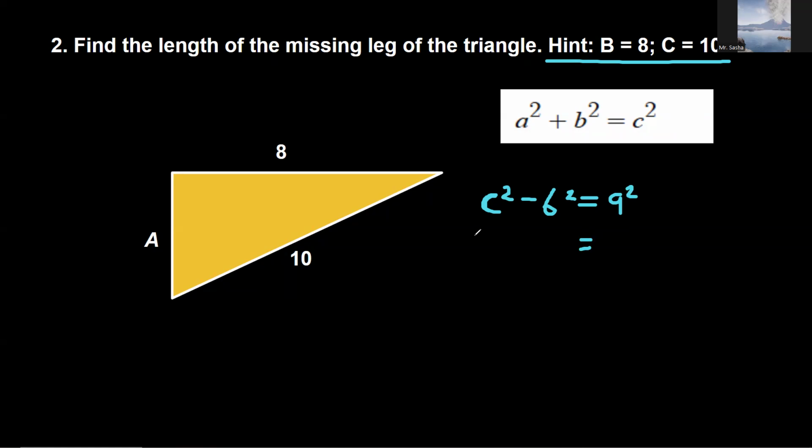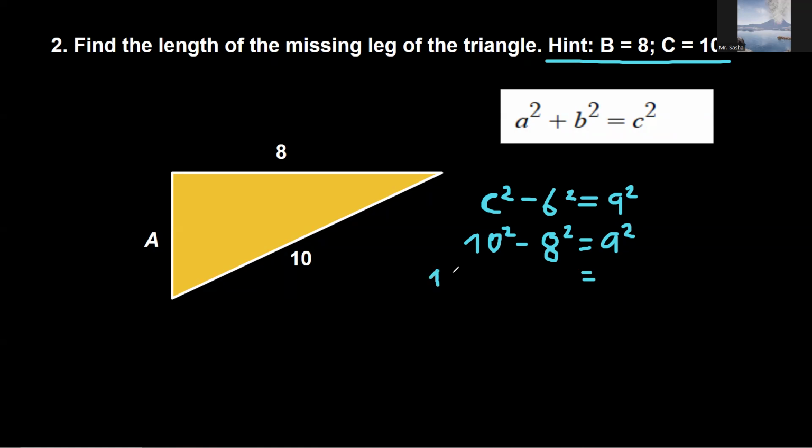Okay, now let's substitute. C squared is 10 squared. Now minus B squared, which is 8 squared, equals A squared. Now let's see. So 10 squared is equal to 100.